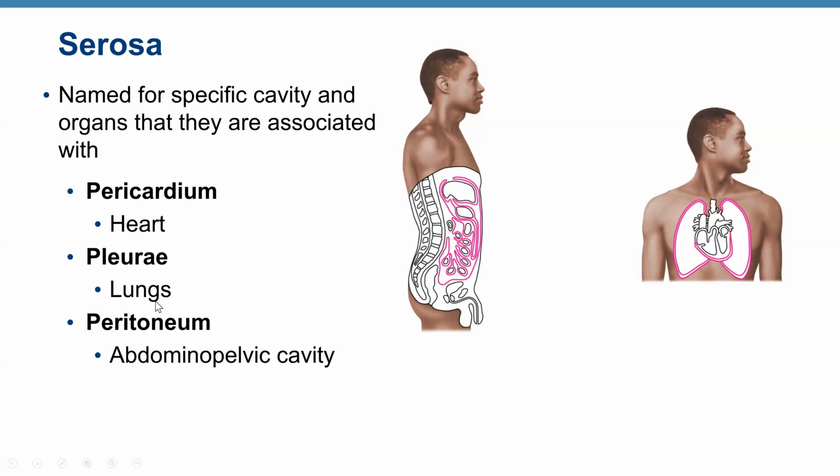Serosa that covers your lungs is pleura, and serosa that covers the abdominal cavity is peritoneum. So serosa is a very thin membrane that covers body cavities and organs inside those cavities. Depending on where serosa is located, it changes its name into pericardium, pleura, and peritoneum.